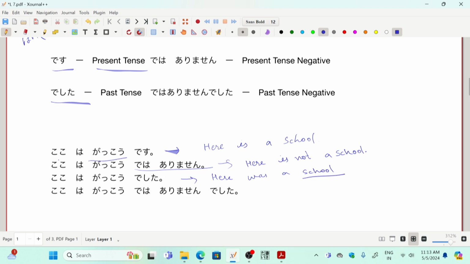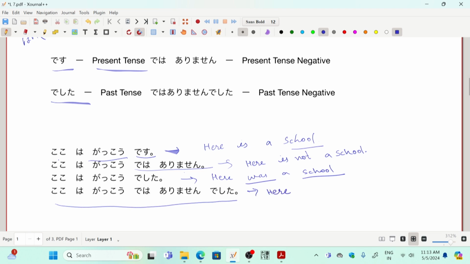So gakko, school, is a constant in all the sentences. What we are changing is the tense or the positive or negative. So this is a positive sentence. De wa arimasen is used for negative. Deshita is used for past. And finally, de wa arimasen deshita will be used for past negative.